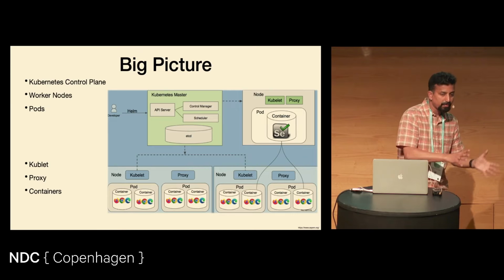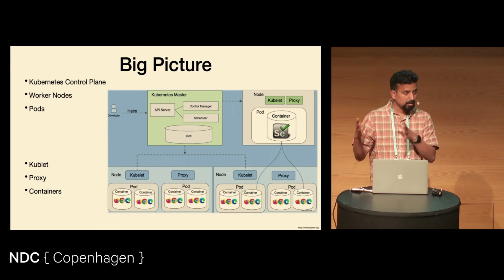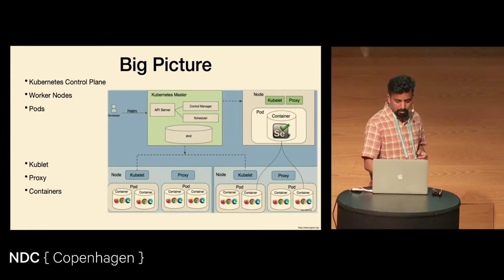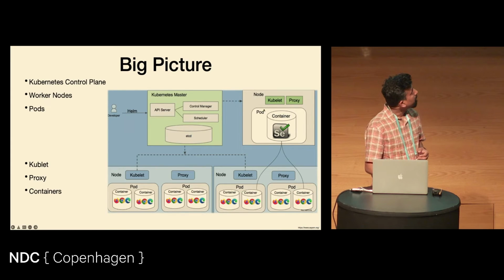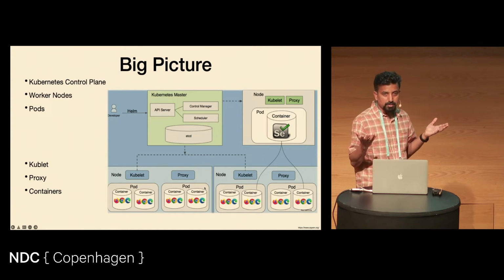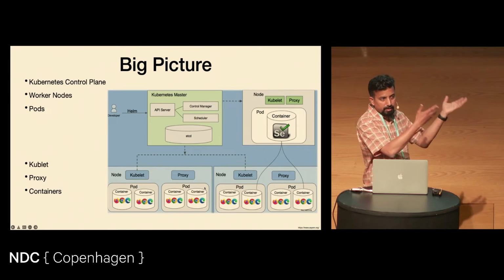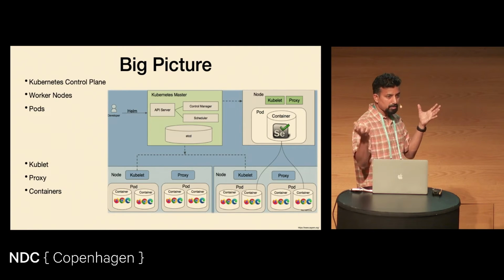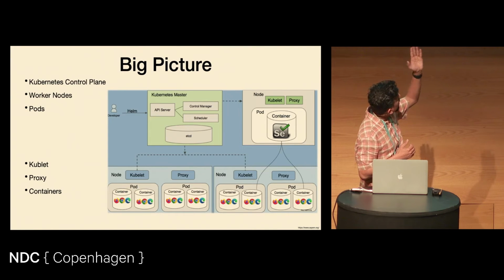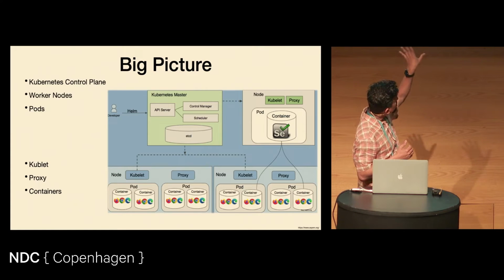On the other hand, you have worker nodes. Worker nodes are basically EC2 boxes in terms of AWS, but they could be plain VM boxes in different cloud providers. This is just an example, and I have two worker nodes here.